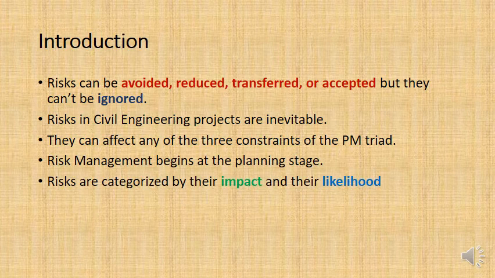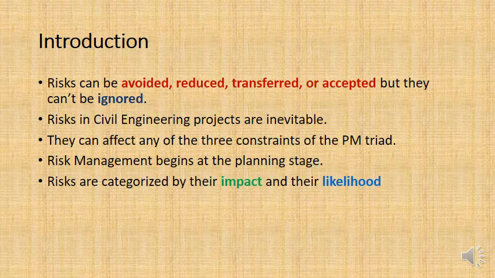So if you remember about project life cycles, which we did way back in week 1, week 2, risk management, we would normally do this in the planning stage, and it would normally come about after we've done the WBS, the work breakdown structure. And when we identify the risks, basically we categorize them by 2 categories: their impact or cost, and their likelihood or probability.